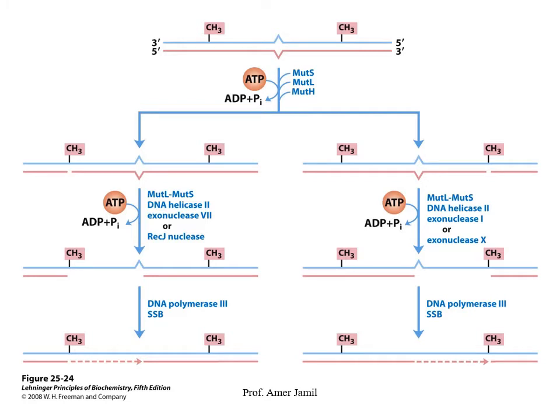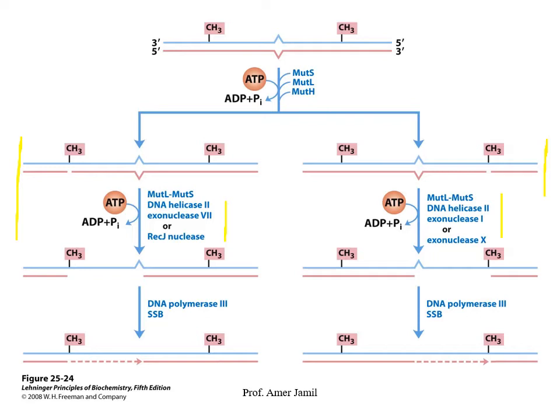And what happens next? As you can see here, there are two pathways. It may cut towards this end or it may cut towards this end. Then we have certain proteins: DNA helicase, exonuclease 1 or exonuclease X or exonuclease 7 or RecJ nuclease in this case.